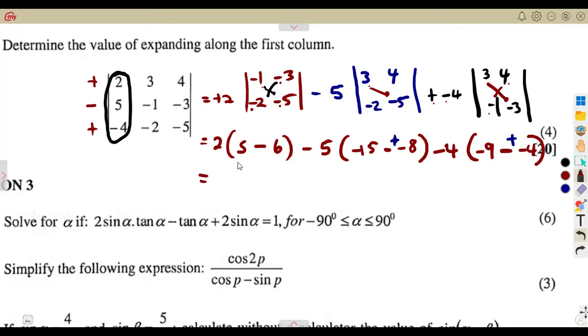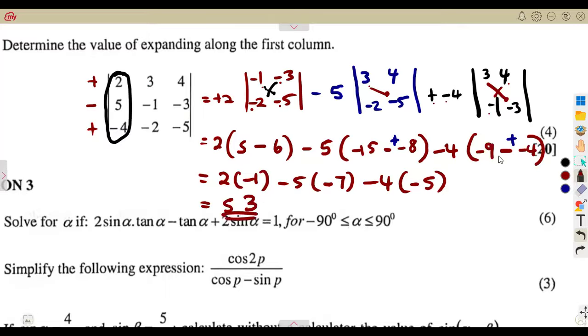So we can simplify this, guys. 2 into what? 5 minus 6, that's -1. -5 into -15 plus 8, so that will give us a -7 there. -4 into -9 plus 4, which is -5. Then you can expand using a calculator straightforward. That was going to give us +53. So that is the whole determinant that we are having there.